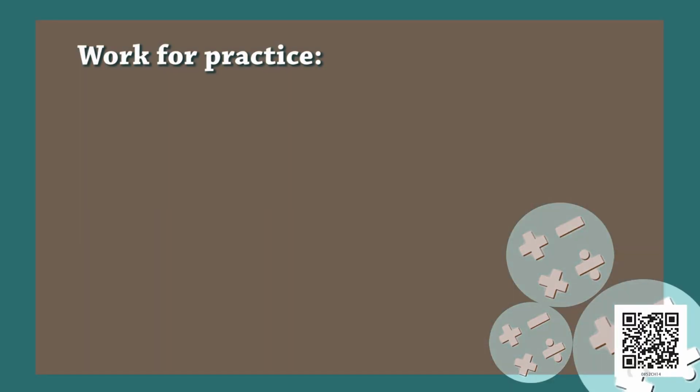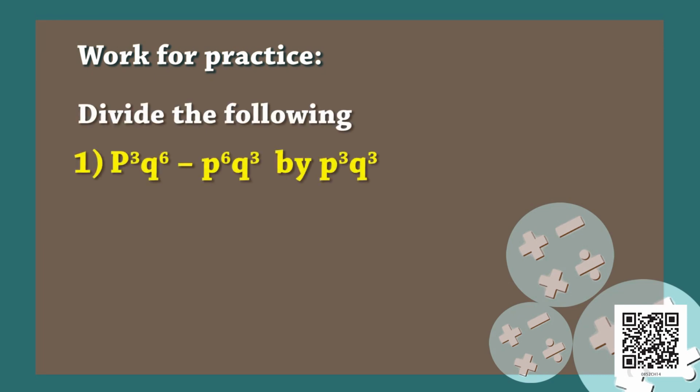Work for practice. Divide the following: 1. p cube q to the power of 6 minus p to the power of 6 into q cube by p cube into q cube. Number 2, x cube plus 2x square plus 3x by 2x.